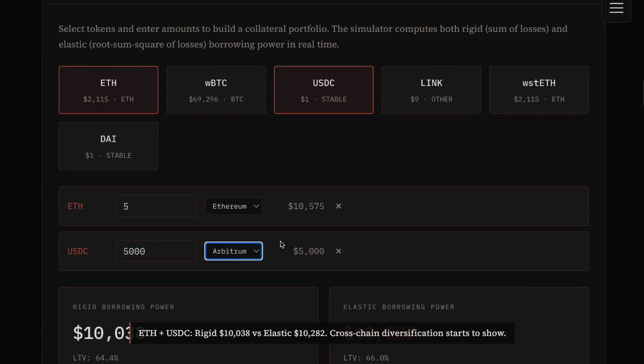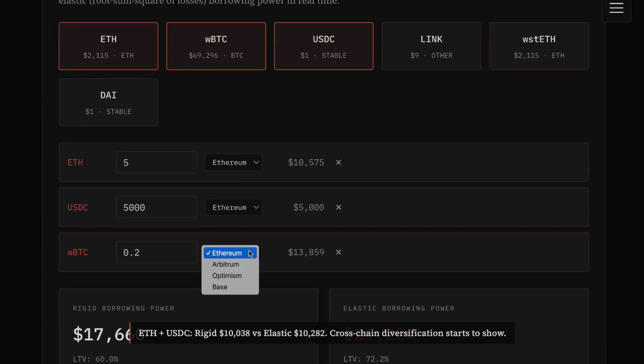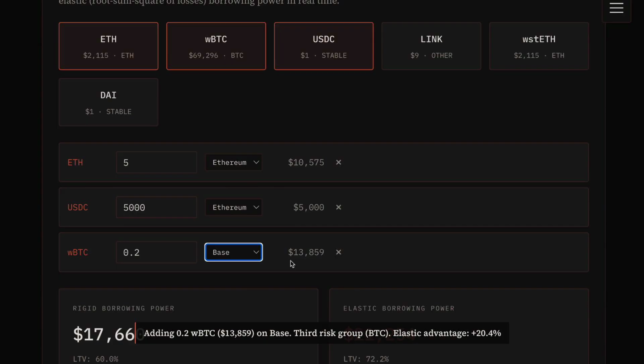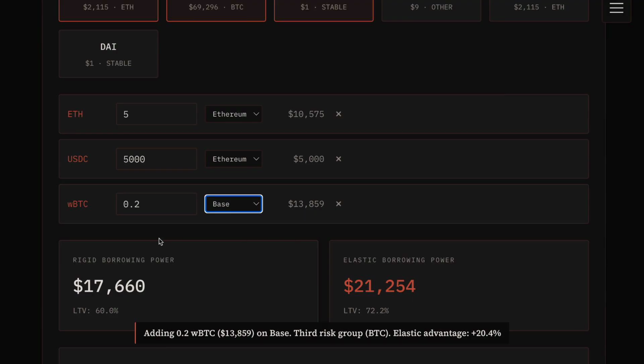Let me add Bitcoin, WBTC. Let's say I add 0.2 WBTC. We can also see that adding this third risk group, the elastic advantage keeps going compared to the rigid borrowing power.